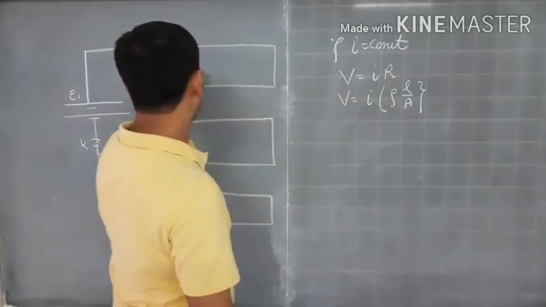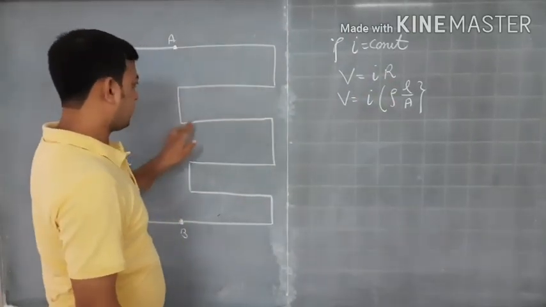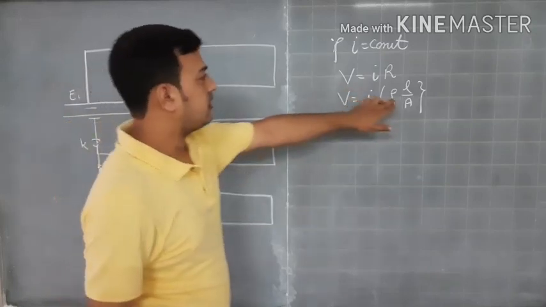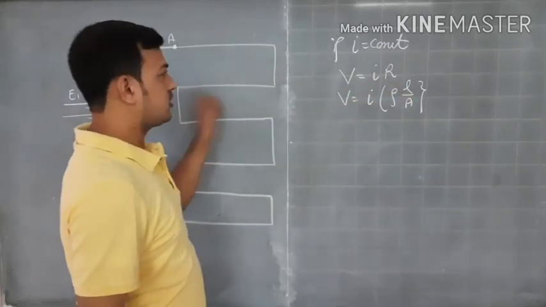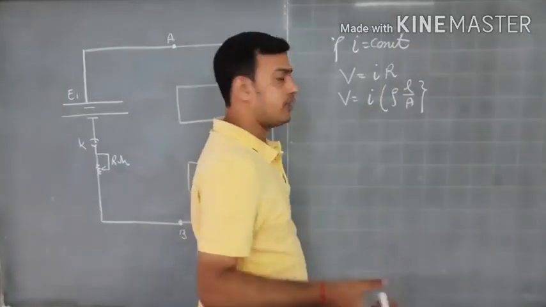Here I am taking the length L of this wire, so it is the resistance of that part.